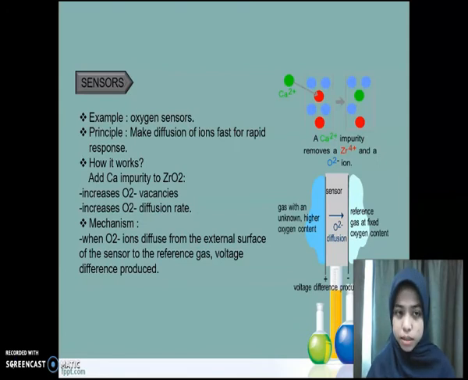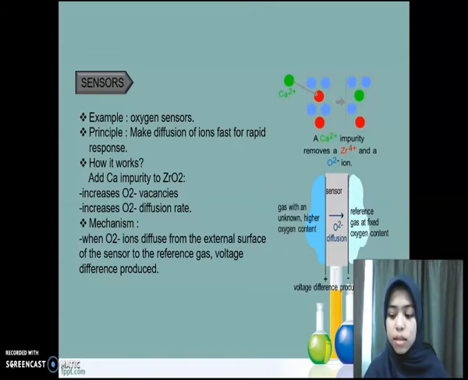Okay, for this part is the oxygen sensor. Oxygen sensor is made of ceramic also. This ceramic sensor is in the car. It will cooperate with the engine to make sure that your car is at top performance. So how does it function?